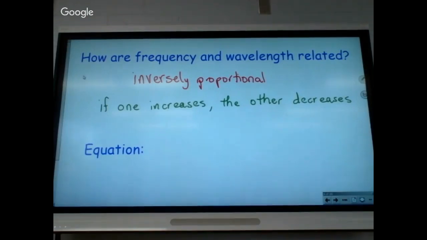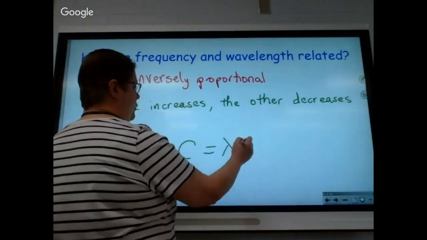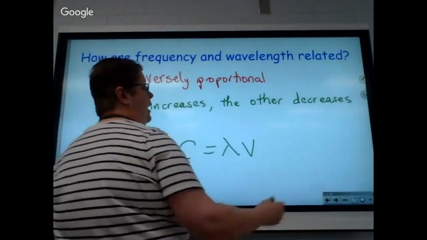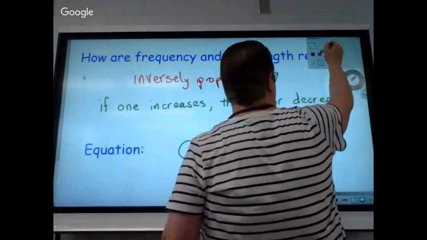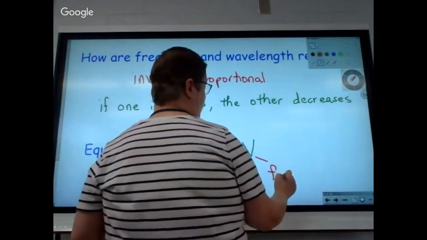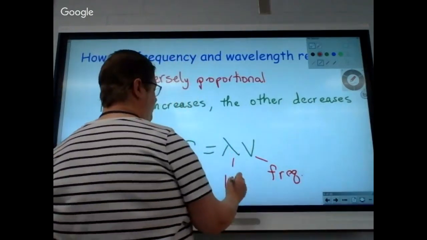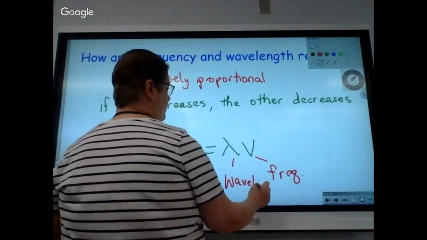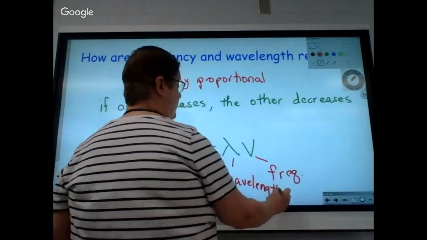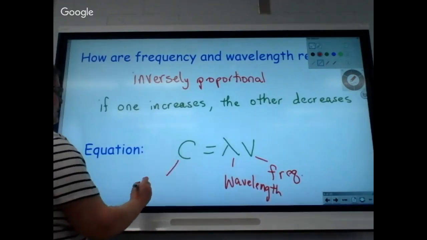All right, so the equation that we're getting ready to do is c equals lambda nu. This was frequency. This was wavelength. C is the speed of light.